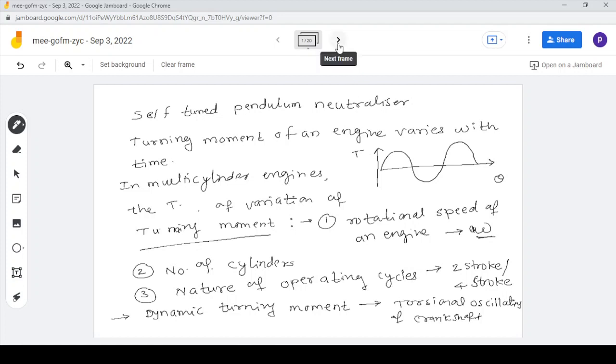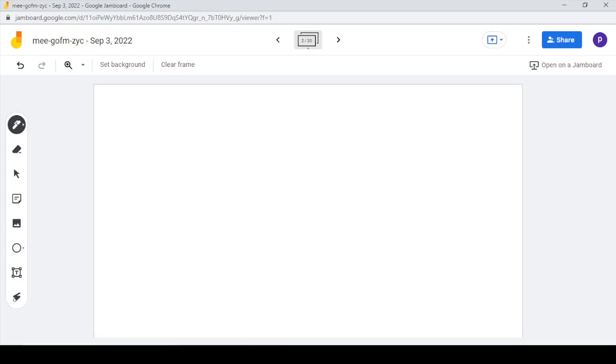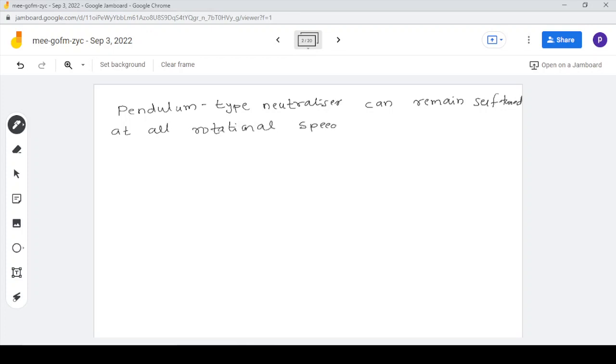So what we wanted to discuss is how the pendulum type neutralizer can remain self-tuned at all rotational speeds of the engine and thereby control the torsional oscillations of the crankshaft.